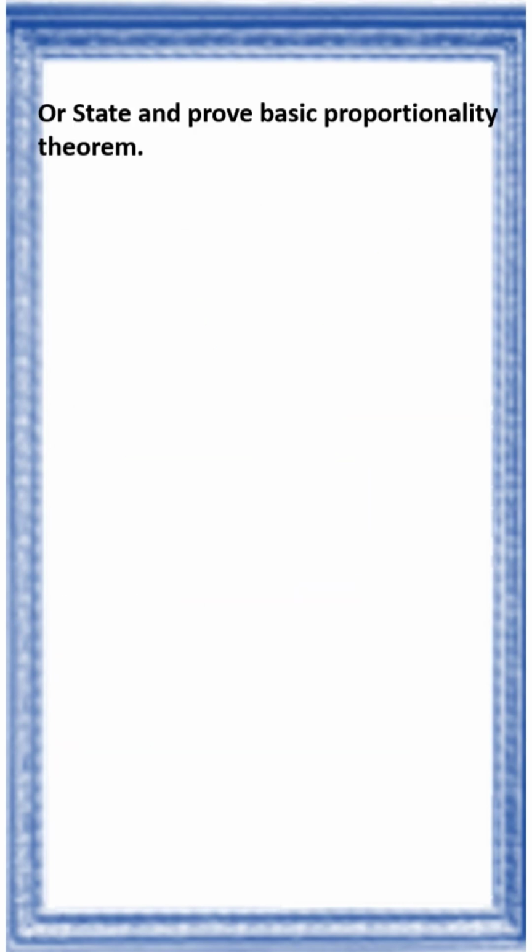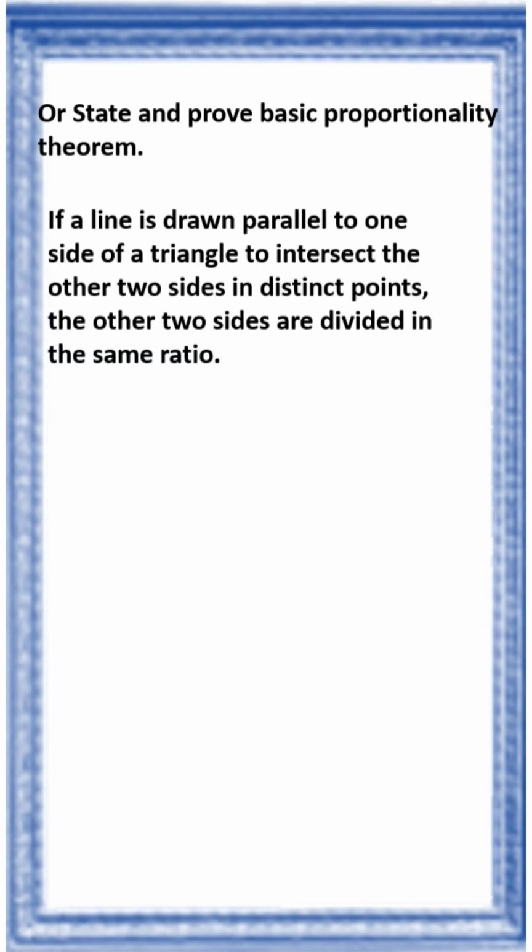Or, state and prove basic proportionality theorem. Statement: If a line is drawn parallel to one side of a triangle to intersect the other two sides in distinct points, the other two sides are divided in the same ratio. What has been given?